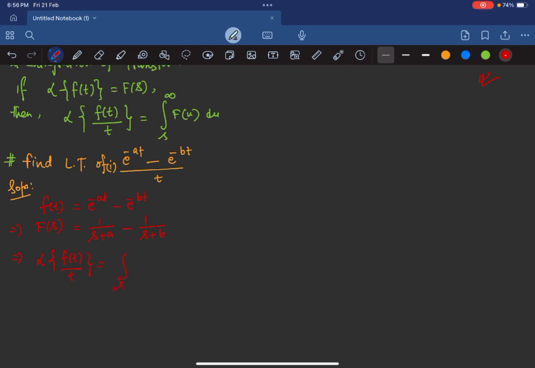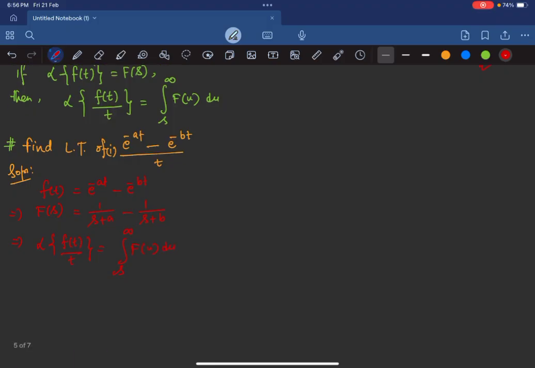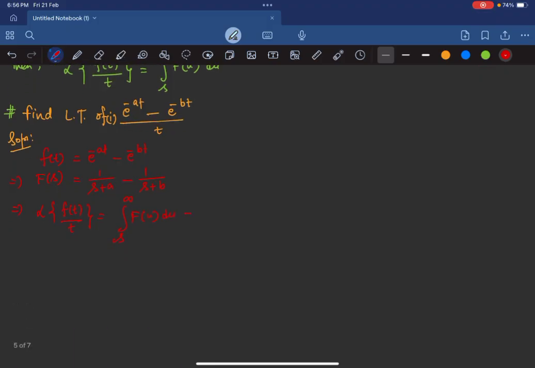This is nothing but, as per that formula, the integral from s to infinity of F(u) du. So if you take this, it is the integral from s to infinity of [1/(u+a) - 1/(u+b)] du. If you do the integration, you will get log(u+a) minus log(u+b).